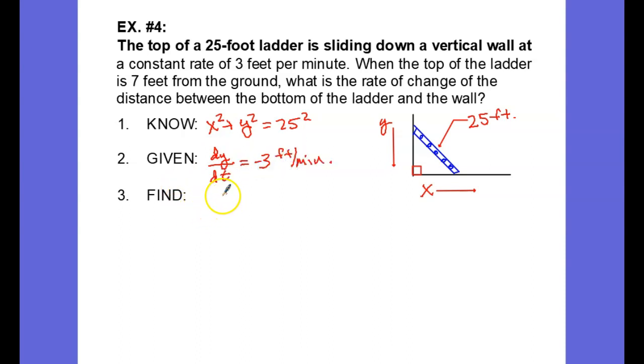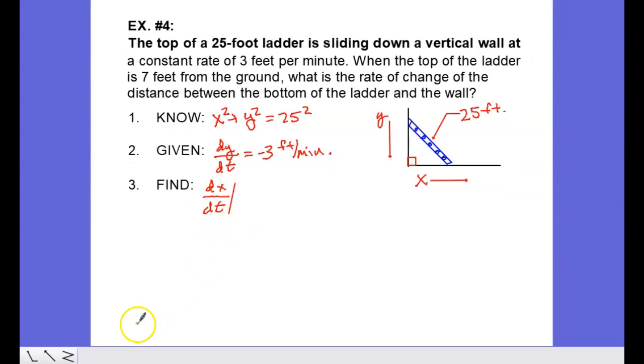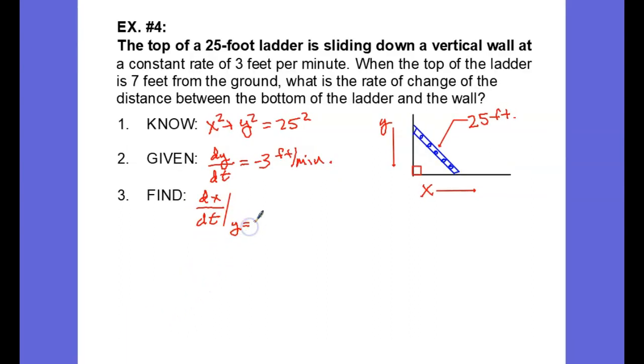Let's see what we're looking for. When the top of the ladder is 7 feet from the ground, so that means when y equals 7, what is the rate of change of the distance between the bottom of the ladder and the wall? Well, the rate of change of my distance between the bottom of the wall and the ladder, that's dx/dt. So we're looking for dx/dt evaluated when y is equal to 7 feet.